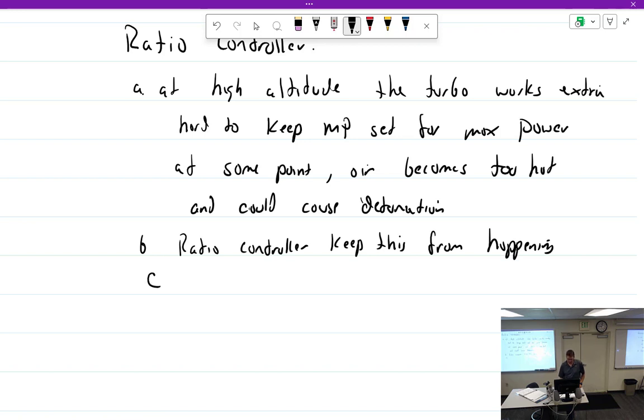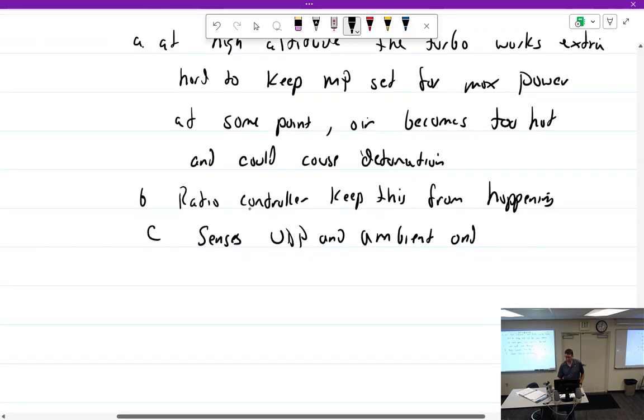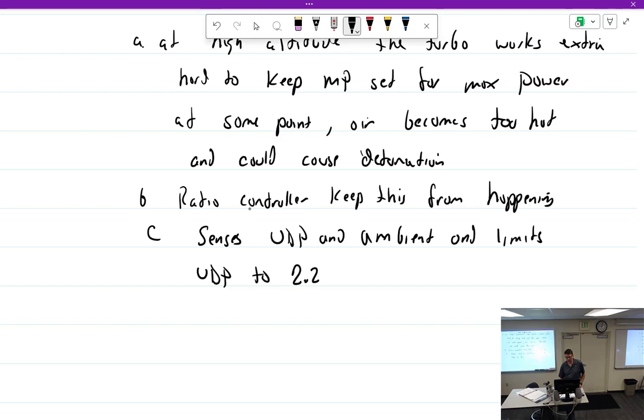Senses upper deck pressure and ambient, and limits UDP to 2.2 times ambient.